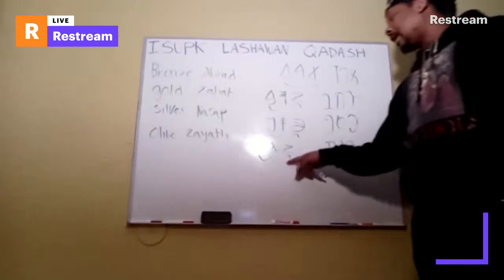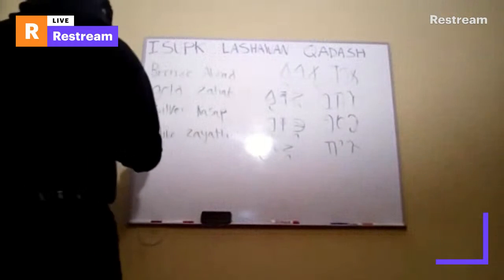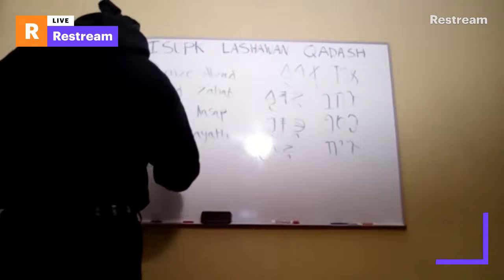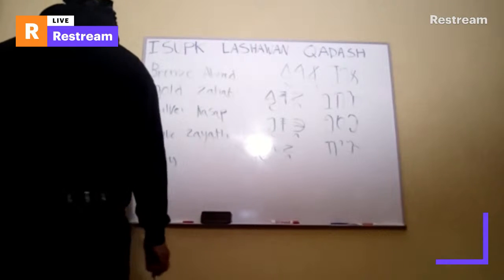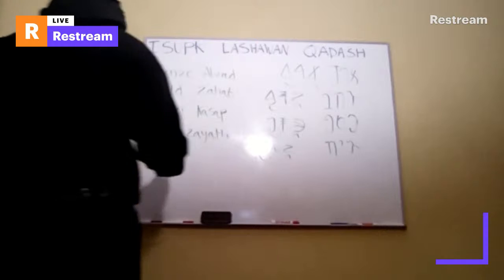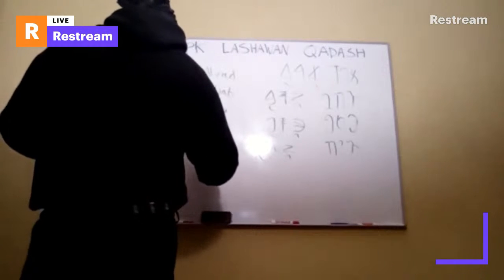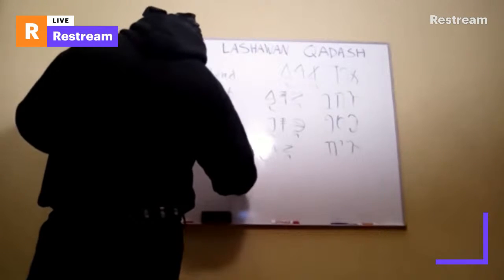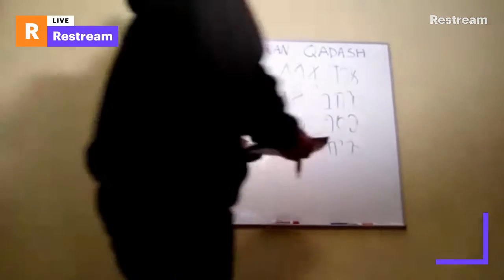Assyrian spelling. Zayit. Ancient spelling. And last we have Beryl, which is the Rosh Yaf. Beryl or the Rosh Yaf. All right.